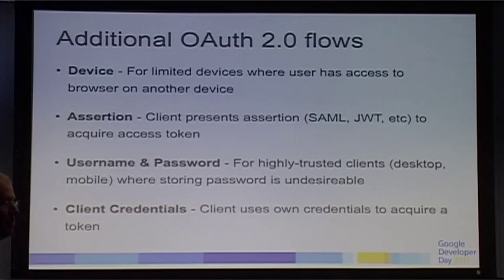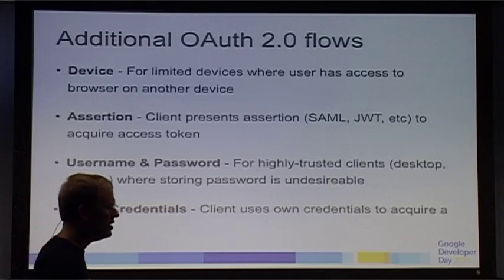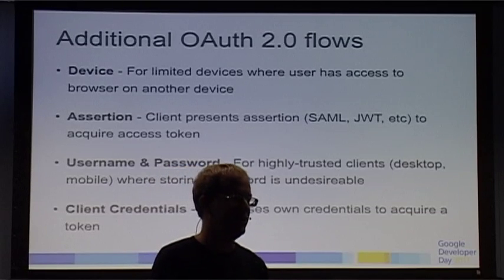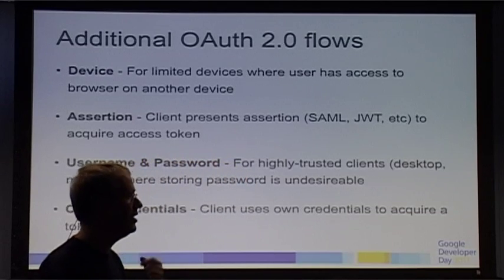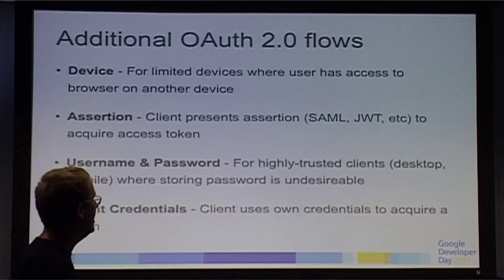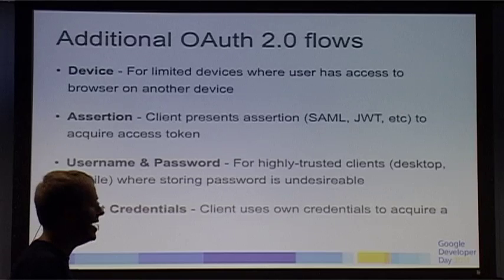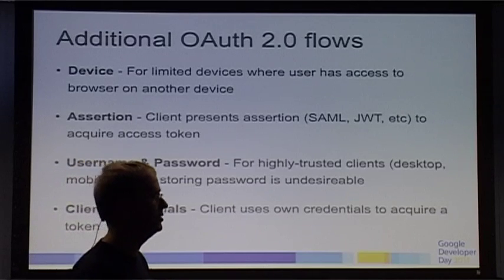Then there's a username and password flow. So think about something, we'll say like a Twitter client. Twitter client's on your mobile device. It's written by Twitter, the company. That application maybe doesn't want to do OAuth. Maybe it wants to just ask the user for their username and password.